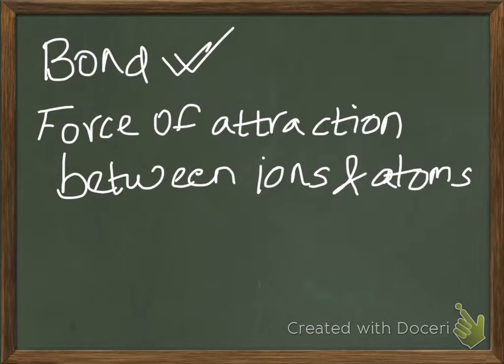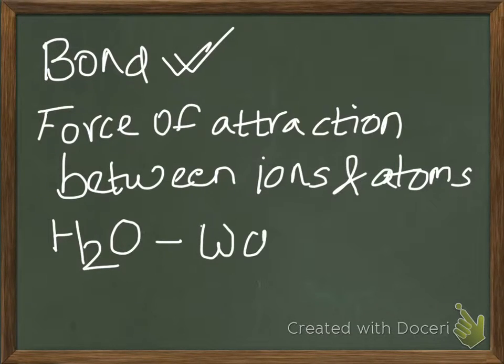So let's take one example of a chemical bond: H2O. It's a common compound to everyone, which is nothing but water. Water contains many chemical bonds, like the force of chemical bonds.